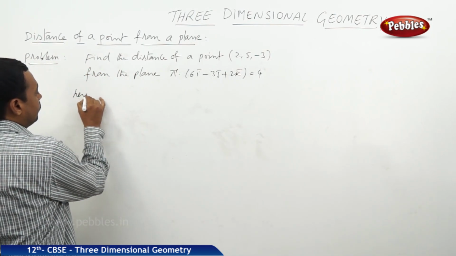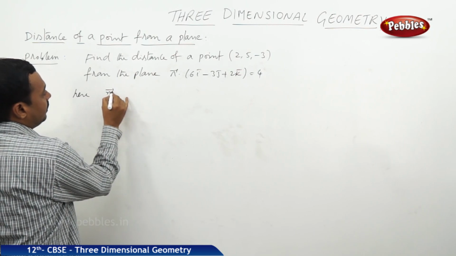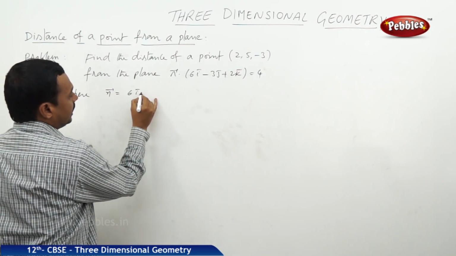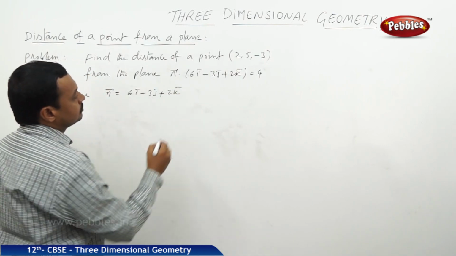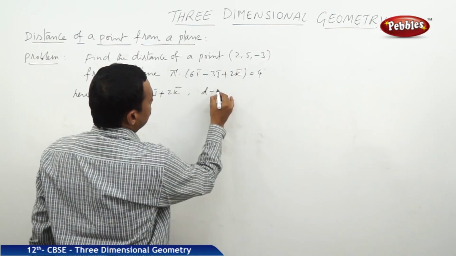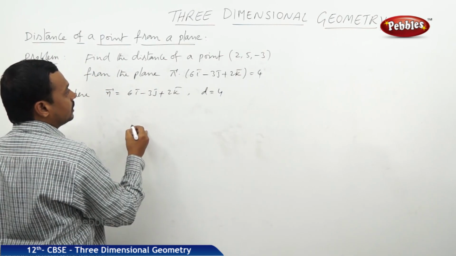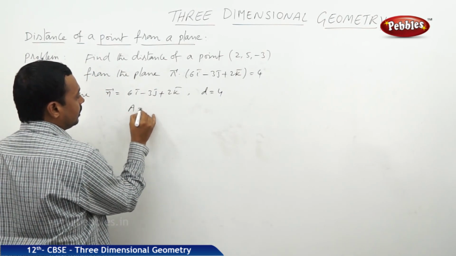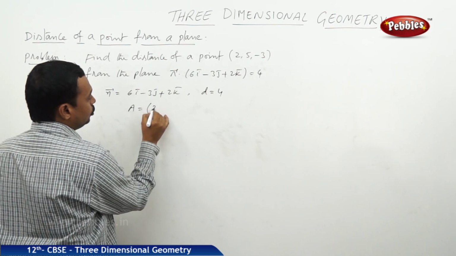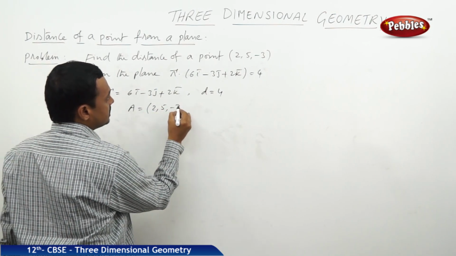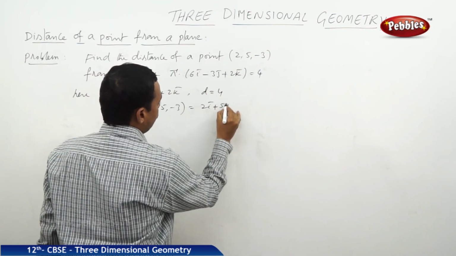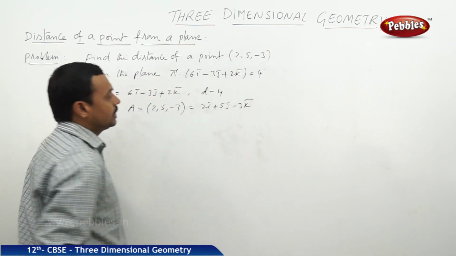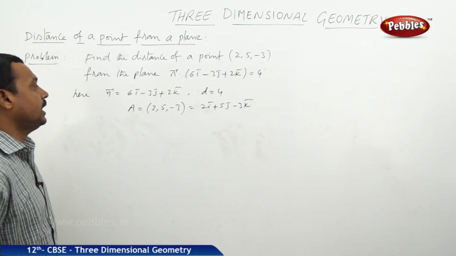Now here the n vector is 6i minus 3j plus 2k and d is 4 and the point A is 2, 5, minus 3. That means the position vector is 2i plus 5j minus 3k. It is the position vector of the point A.